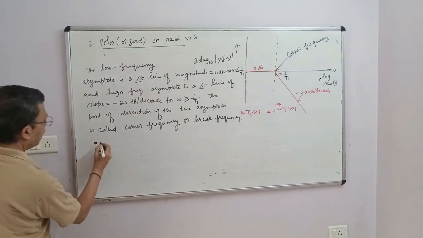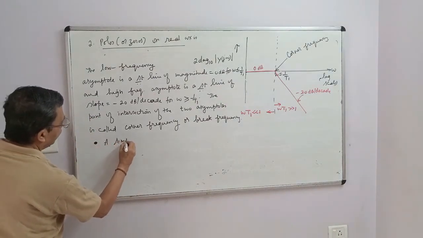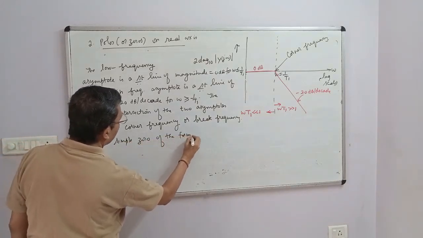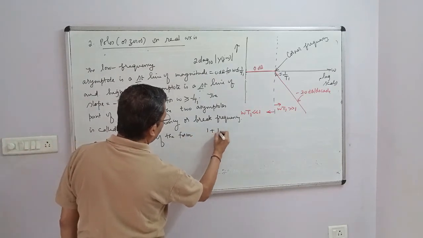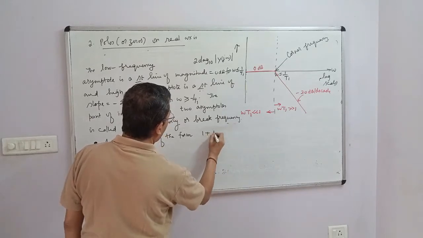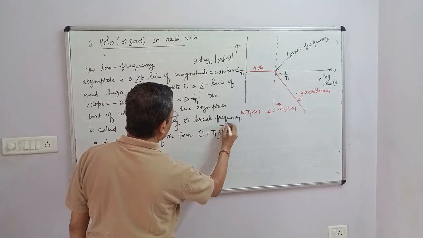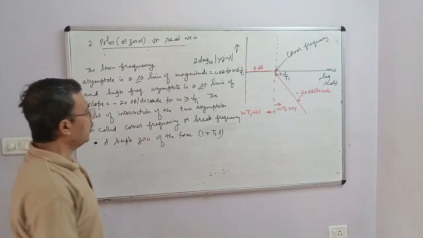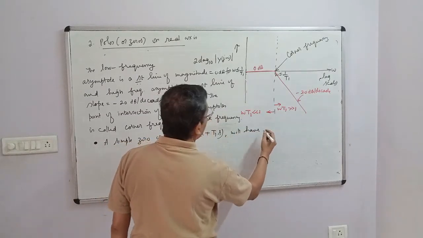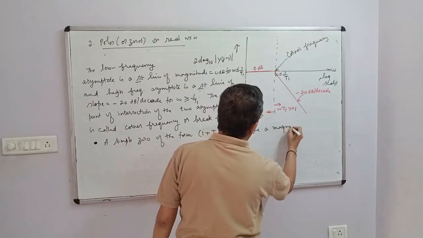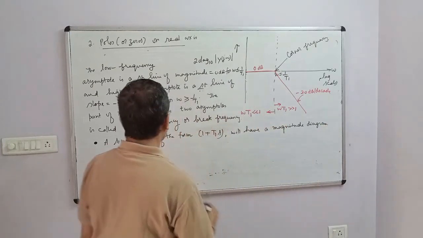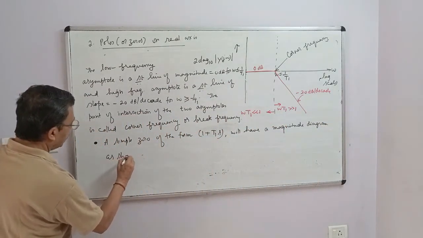Okay, important points. A simple zero of the form 1 plus T1 s will have a magnitude diagram as shown below.